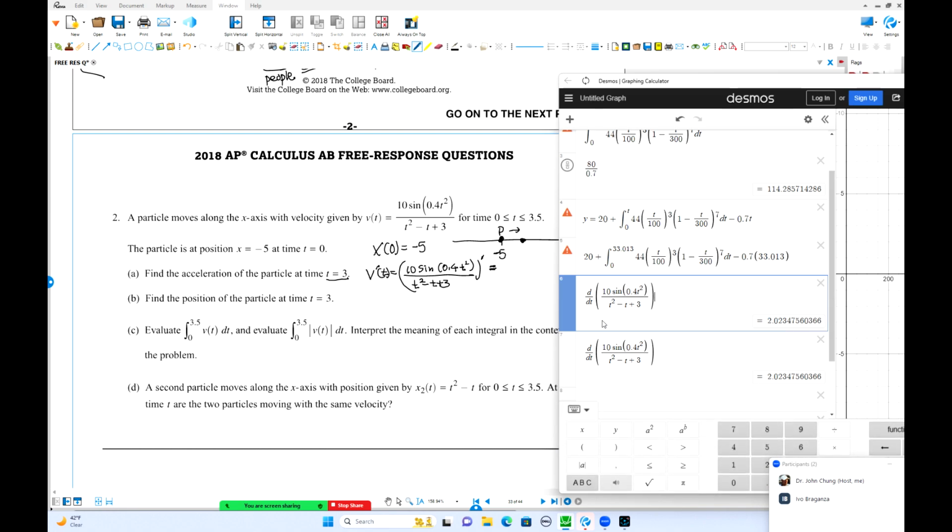Just before I got the number here, t equals 3. Oh, this is not working.